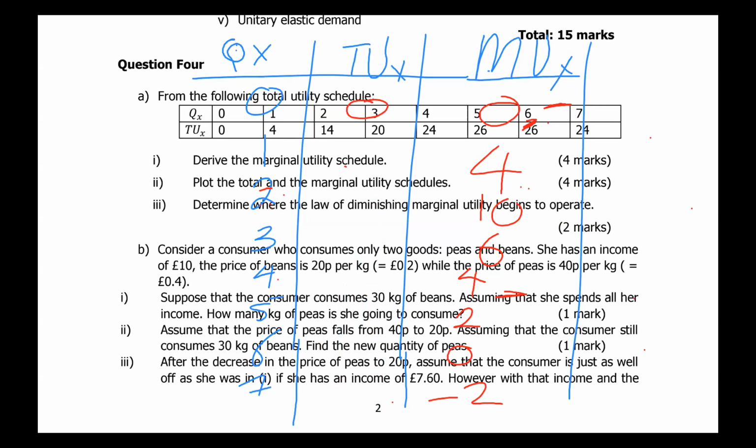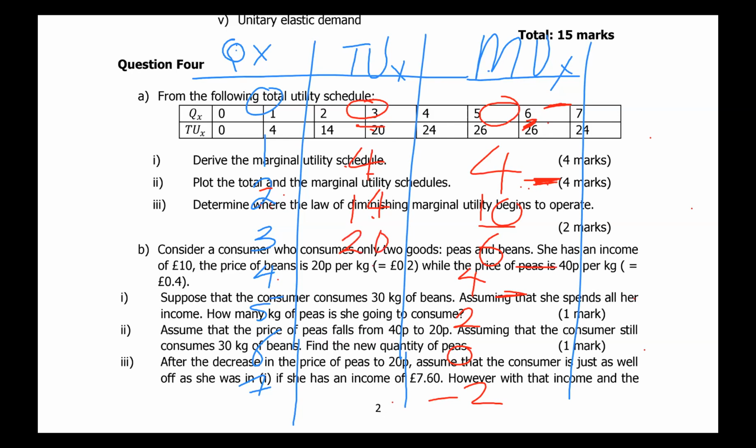That's what we said. Then observe that from here, you just have to add this unit plus the next marginal utility. So 0 plus 4 gives us 4. 4 plus 10 gives us 14. 14 plus 6 gives us 20.